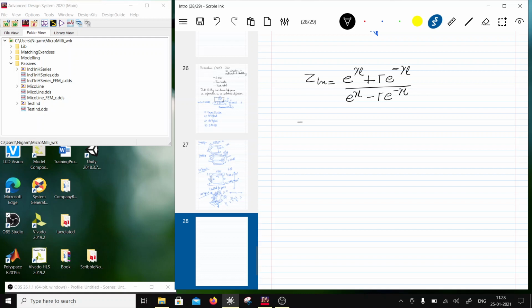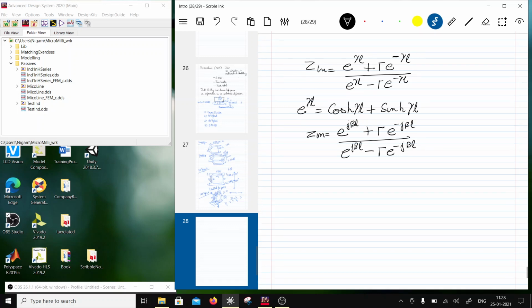Now I just wanted to do the following. e^(γL) is equal to cosh(γL) plus sinh(γL). Now if γ is equal to jβ, then Zin is equal to (e^(jβL) + Γe^(−jβL)) divided by (e^(jβL) − Γe^(−jβL)).